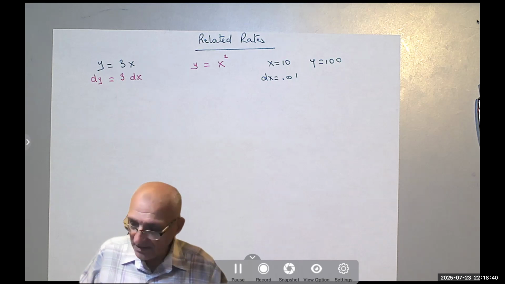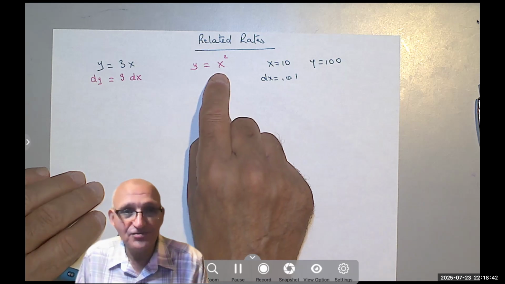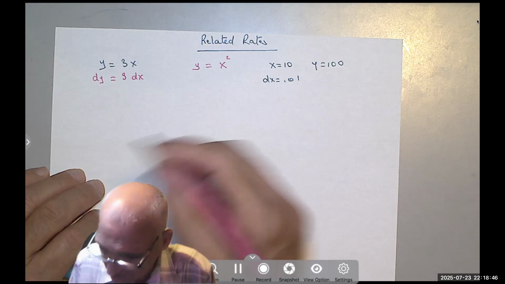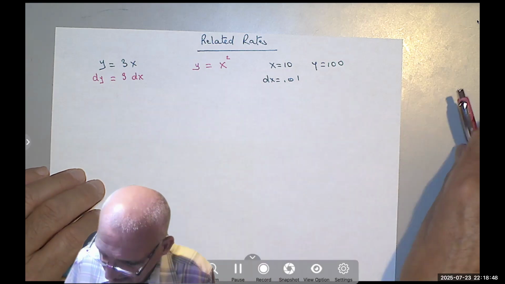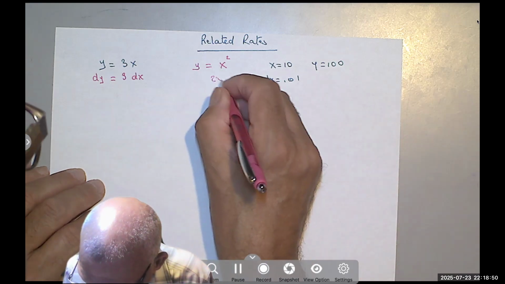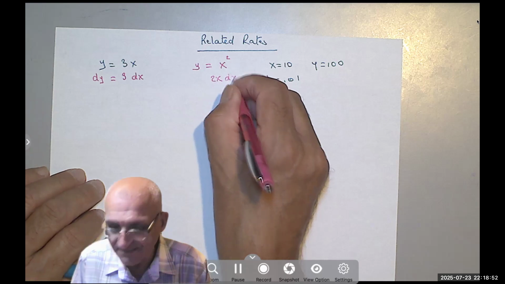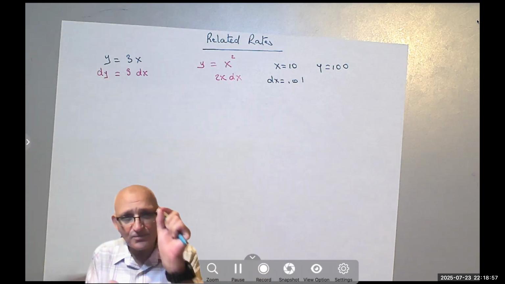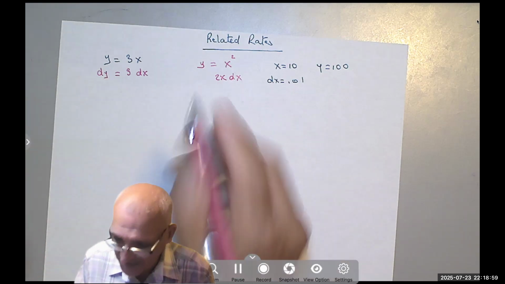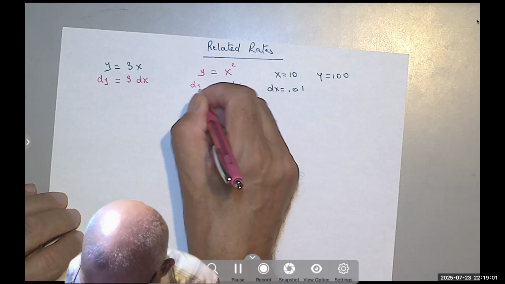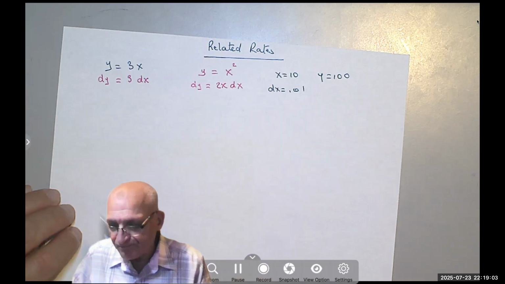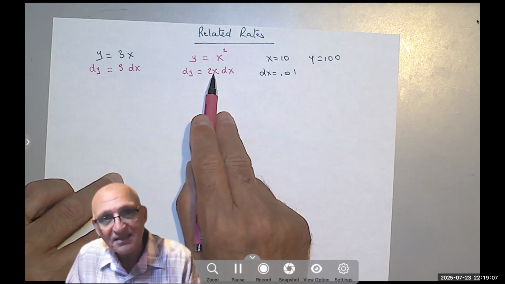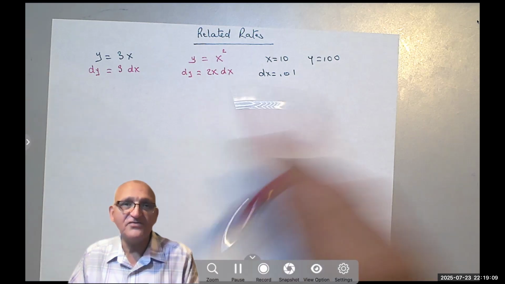Well, let's see, if I take the differential of the right-hand side, I will get 2x dx. Notice I'm not taking dy with respect to x. No, a small piece in x and a small piece in y. So a very small piece in y would be 2 times x, times the decrease or increase of x.